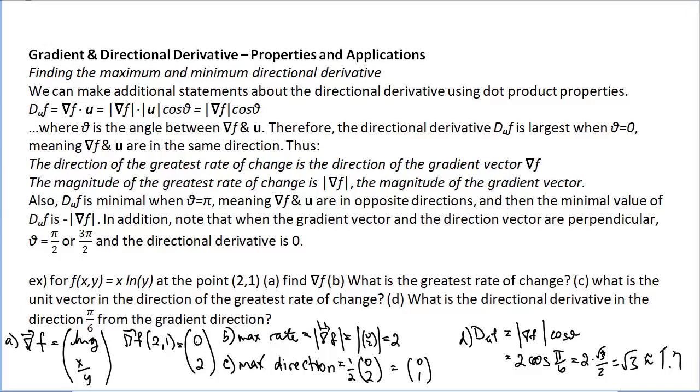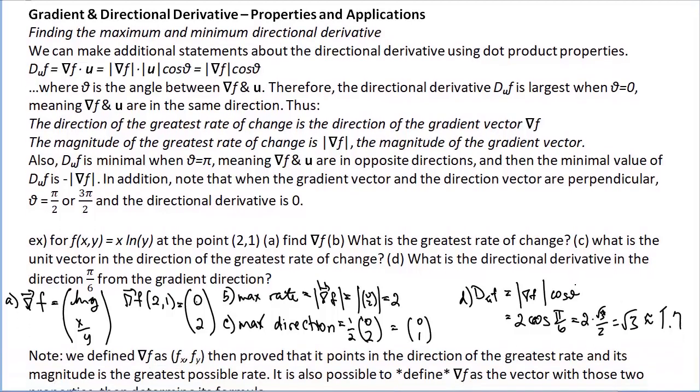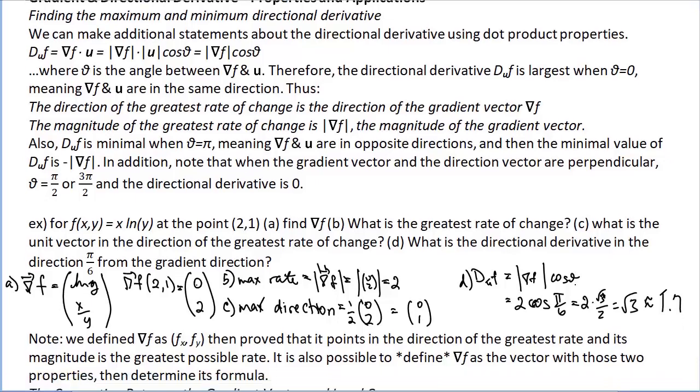Okay. So this is how we can answer new types of questions about other aspects of the problem using directional derivatives and gradients. Okay. So a couple of comments on some of the things that we figured out here.